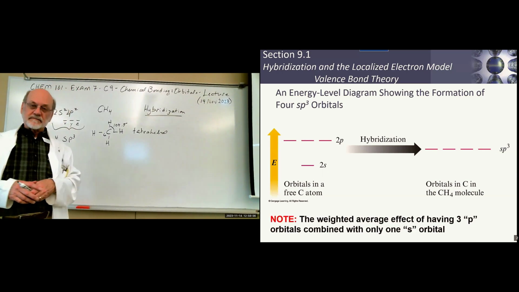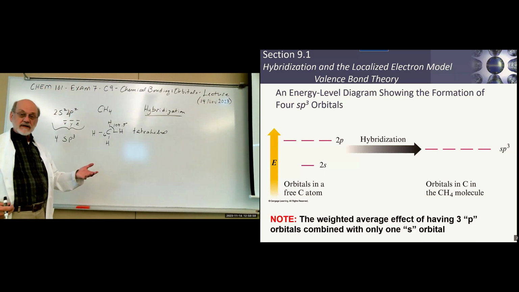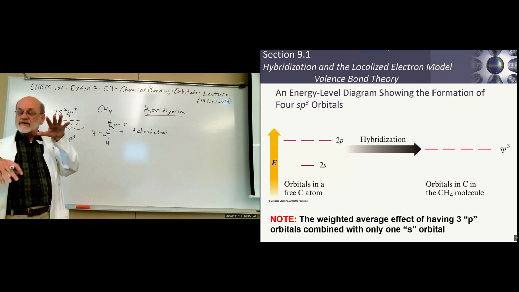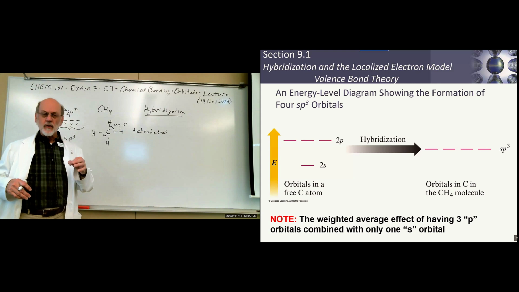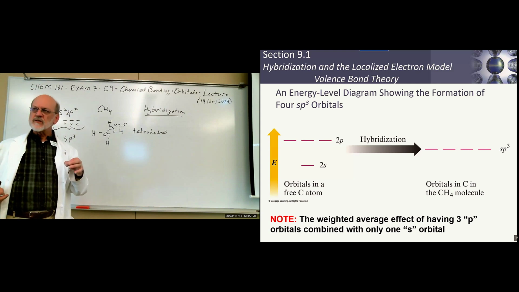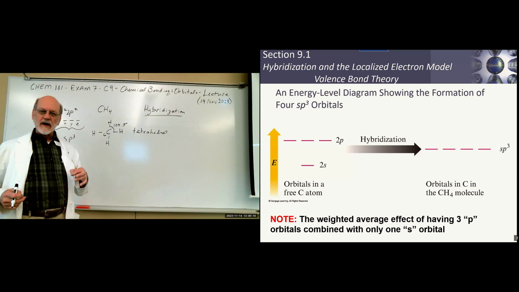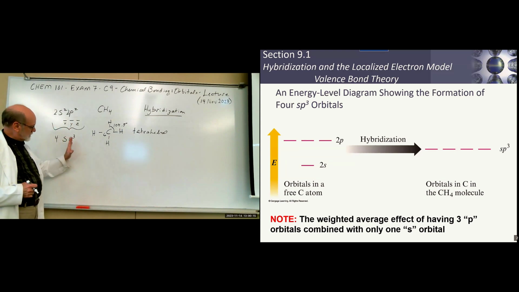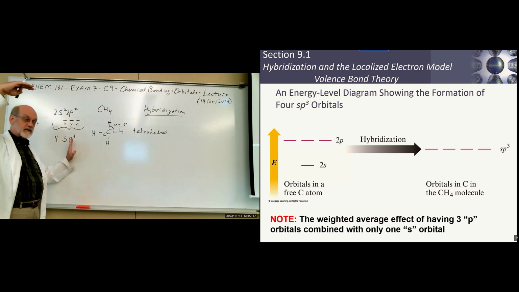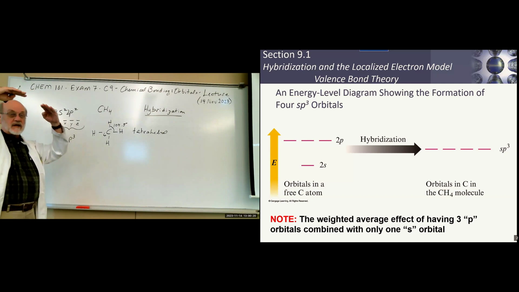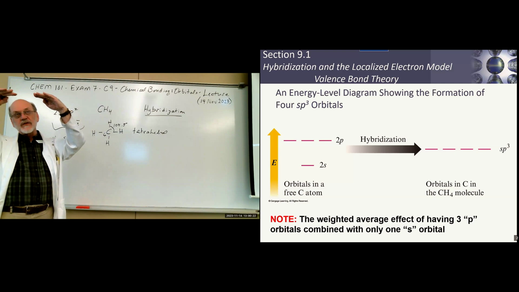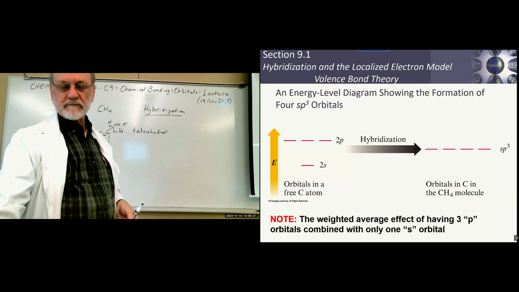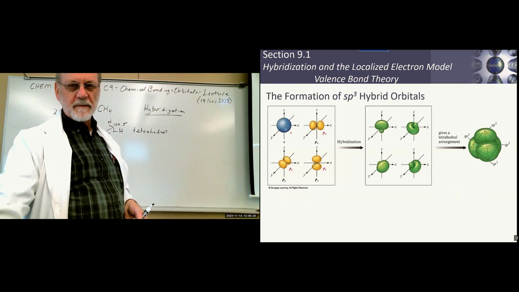What we get in terms of energy is an orbital that is somewhere between the S and the P. The S orbital is a little bit lower energy than P, but the hybrid orbital is in between. And since we've got 3 P orbitals at this level and only 1 S at this level, the energy for the sp3 is just a little bit below the P's. That's what we're trying to show here.